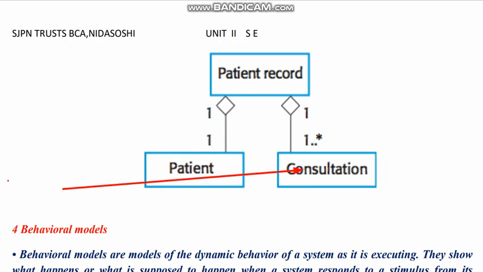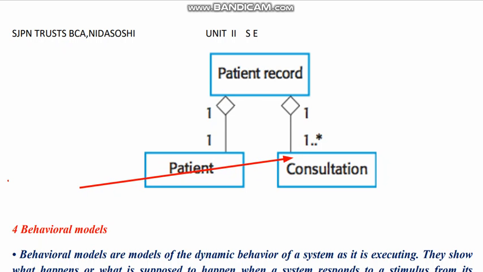Alright, see here now. The second ratio which is shown here, or aggregation which is shown here, is between patient record and consultation. Okay, so after consultation, right, the patient details are maintained in the patient record. So patient record detail may have records of a patient who is having consultation from n number of doctors.